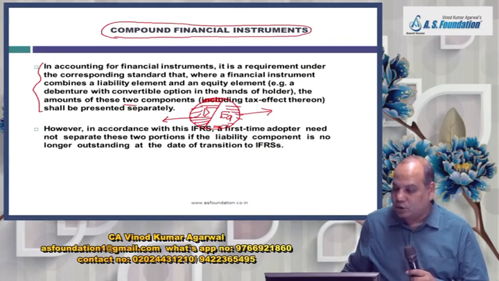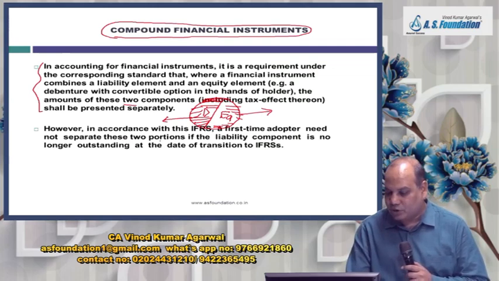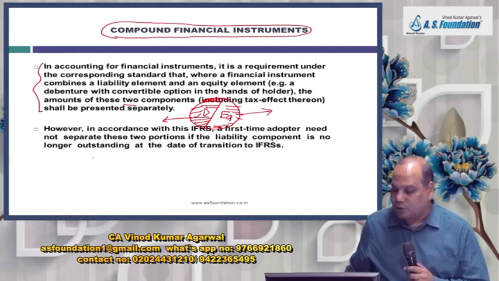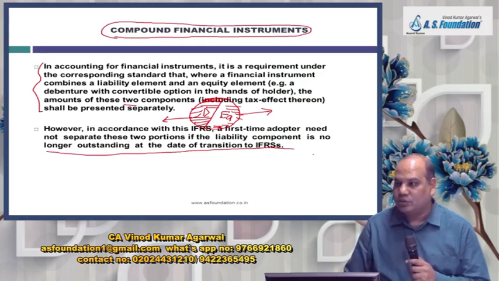So you are given an optional exemption here. Either you can do this retrospective calculation or you can just do prospective calculation. However, in accordance with IFRS, a first time adopter need not separate these two portions if the liability component is no longer outstanding at the date of transition to IFRS.